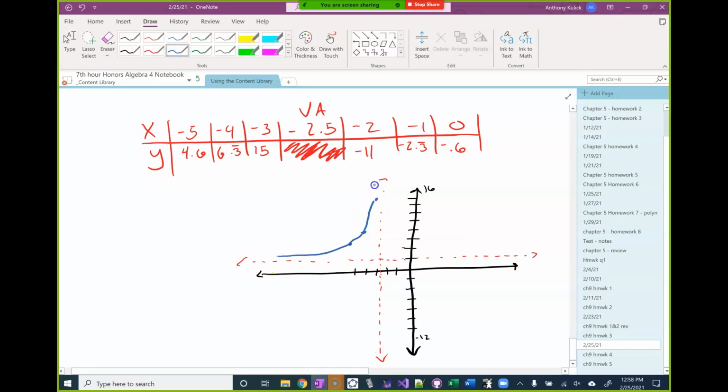All right. Next one, -2 and -11. -1 and -2.3. And then 0 and -0.6. And there's that one.